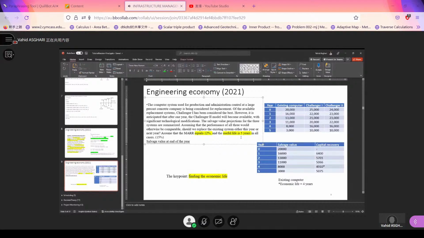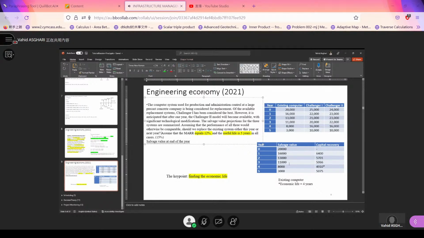So this question has one key important idea behind it, and we didn't have this idea in the assignments. That idea is that you need to find the economic life of each option for each year.